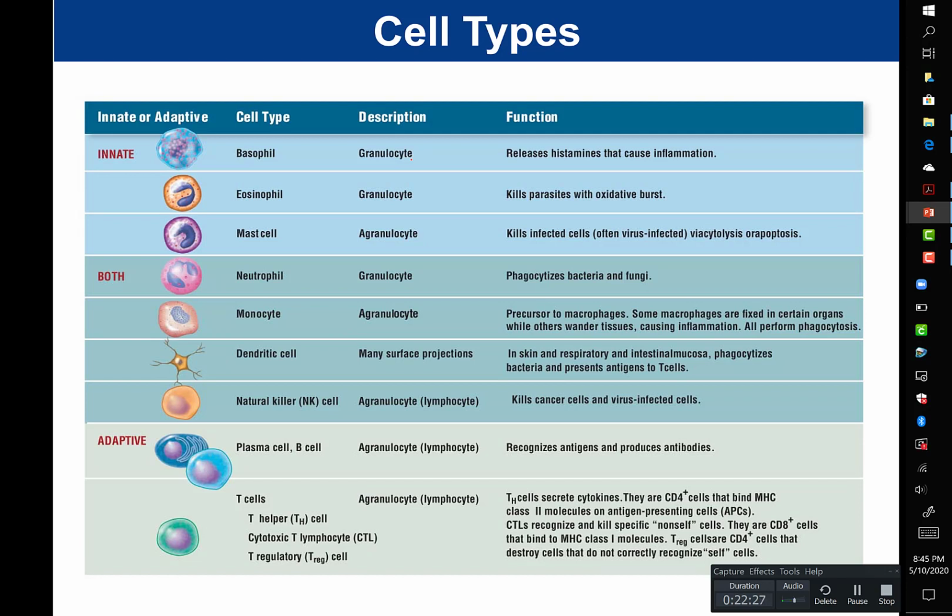Go find this in the body. And so that's why certain white blood cells, specifically phagocytes, often play a role in both. They do phagocytosis, which is part of your innate immunity, but they also do antigen presentation, which is what puts them into the adaptive category as well.